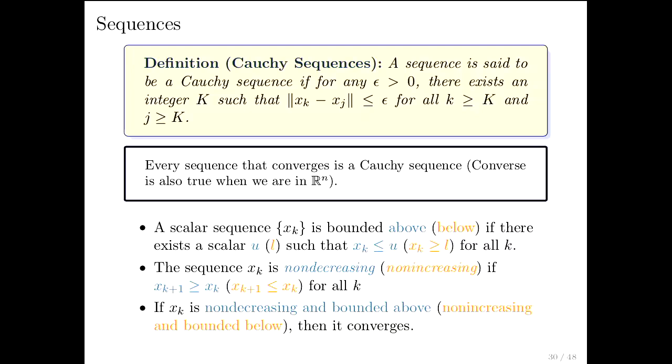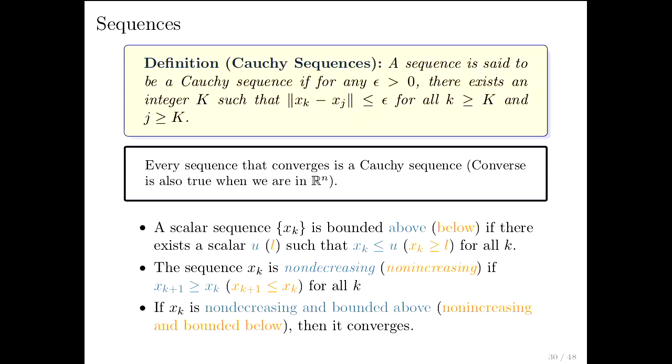Every sequence that converges is a Cauchy sequence. The converse is true for Rn, but in other spaces it's not true. But again, we are in Rn, so we can use these sorts of tests to show convergence sometimes. If you're in a complete metric space, the converse is true. Rn is a complete metric space.